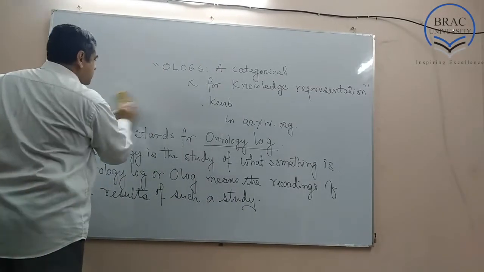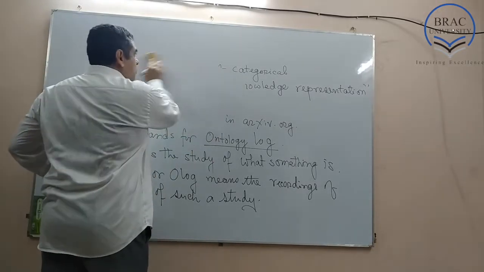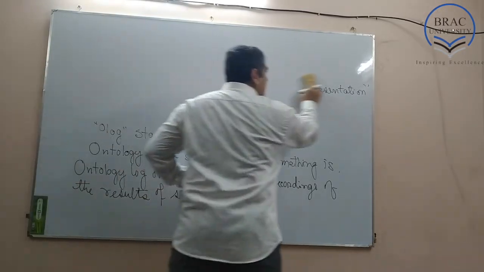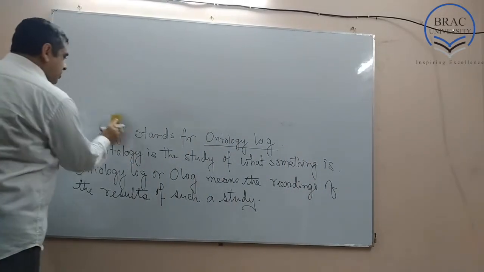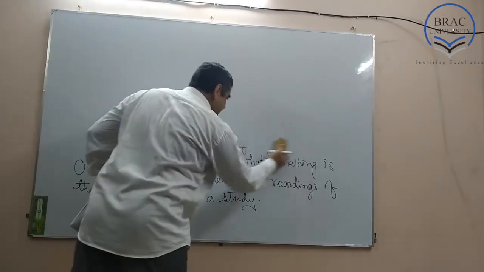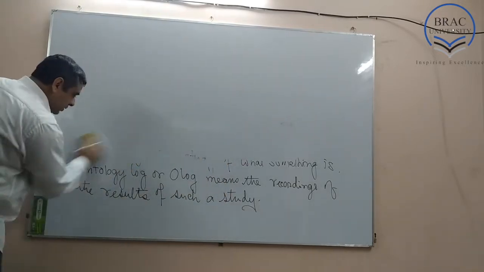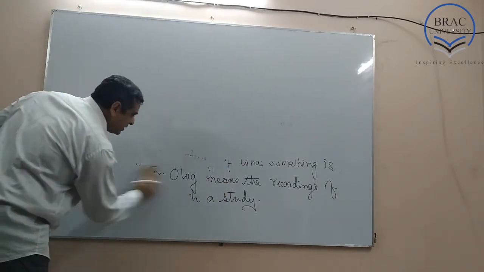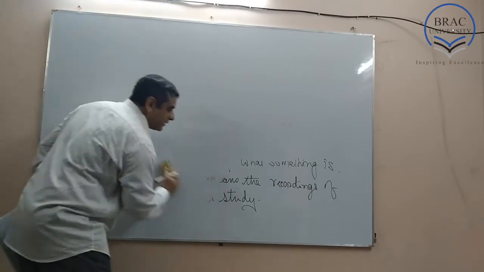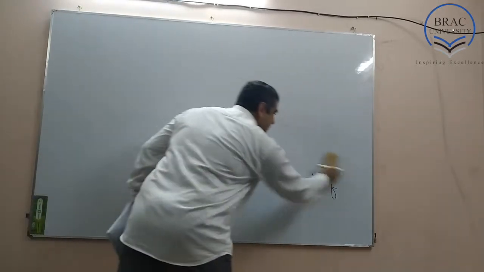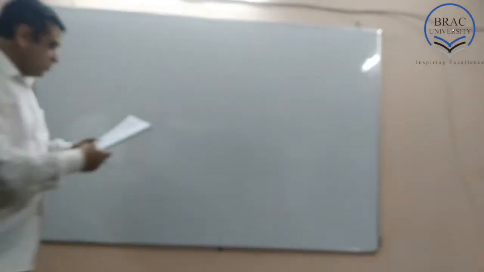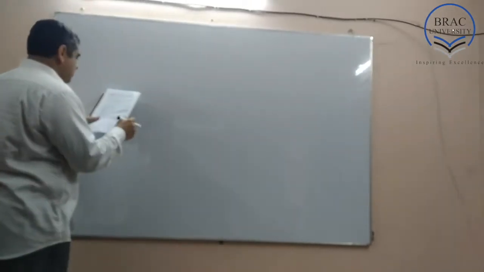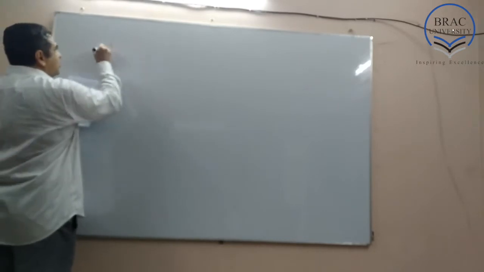Now, what is the basic goal of an Olog? An Olog is a category. Actually, we'll find the detail of how it becomes a category in this lecture. But for this moment, we need to see that an Olog is just a category.